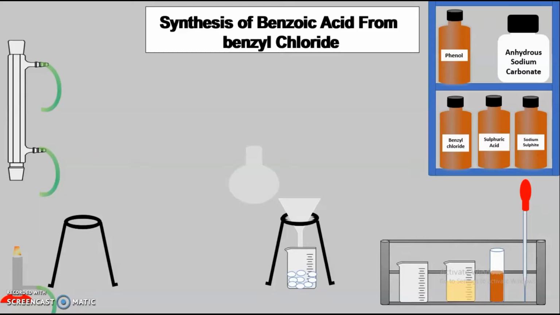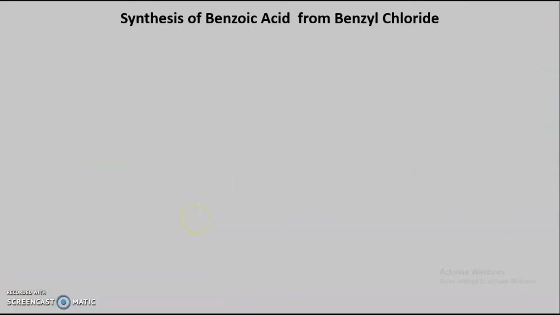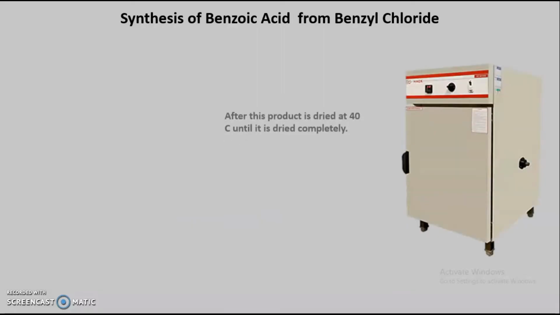After recrystallization, the next step is that we are going to carry out the determination of the melting point. So let's see how we will determine the melting point of that particular compound. Before starting with the determination of melting point, we will dry our product, and that dried product should be used for the determination of melting point.